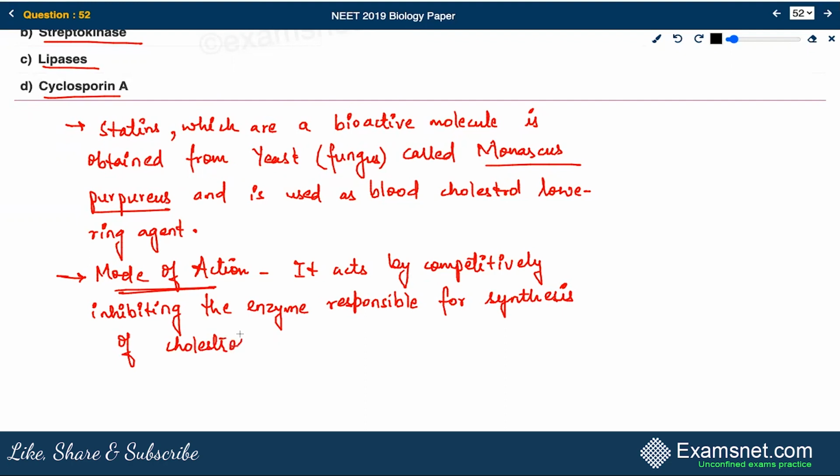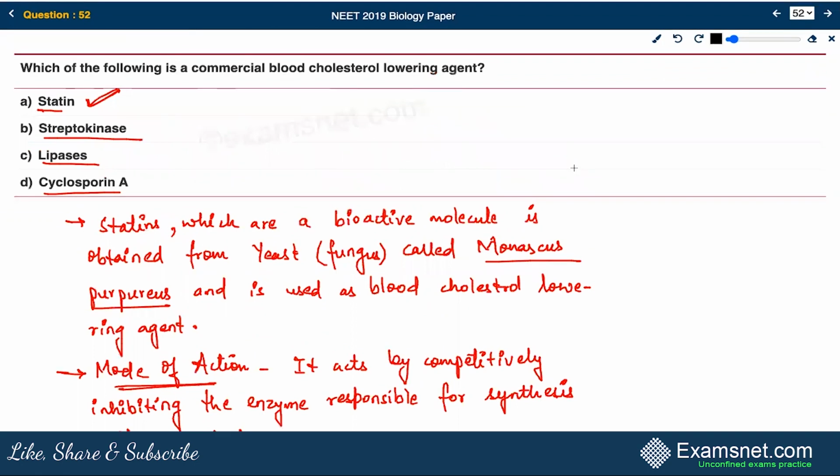So once the cholesterol synthesis is blocked, the blood cholesterol will automatically be lowered. So this is how they do it. All right. So that's why statin. Option A is the correct answer.